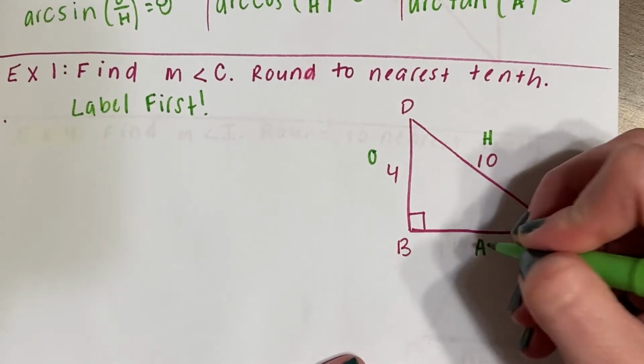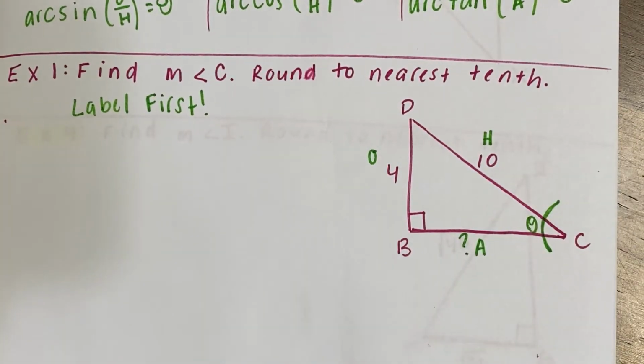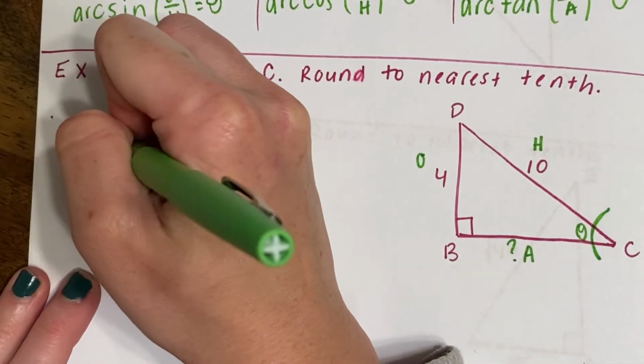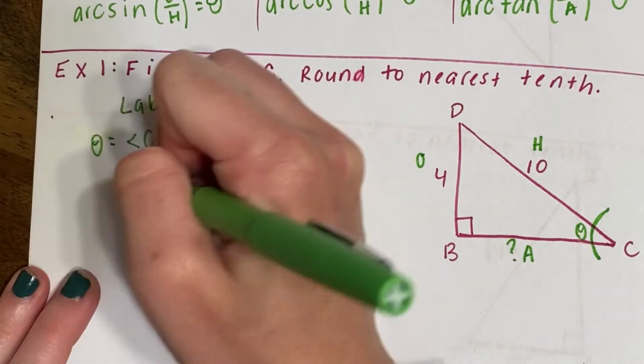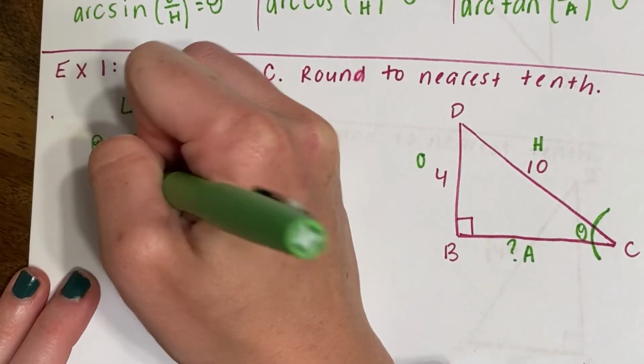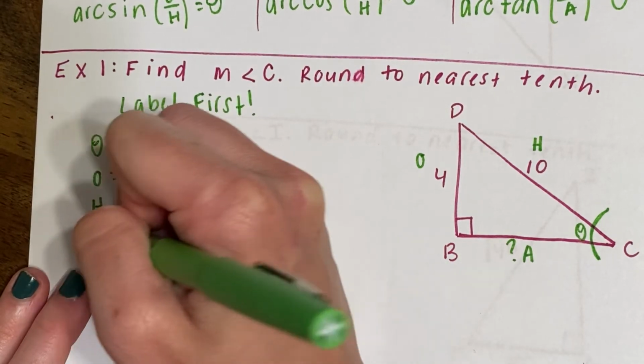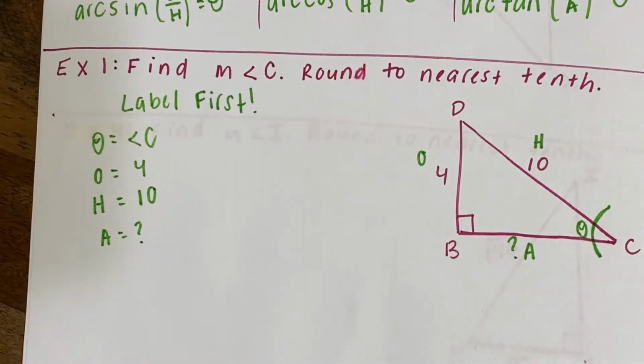We don't know the adjacent side, but we'll still label it. So I know theta is angle C. My opposite side is 4. The hypotenuse is 10. My adjacent side, we don't know, okay?